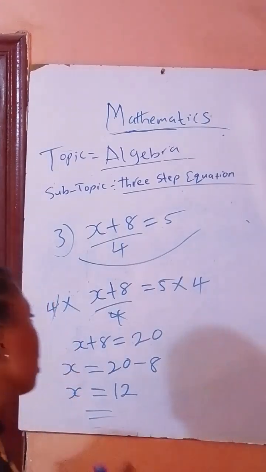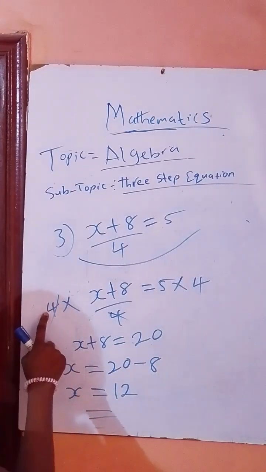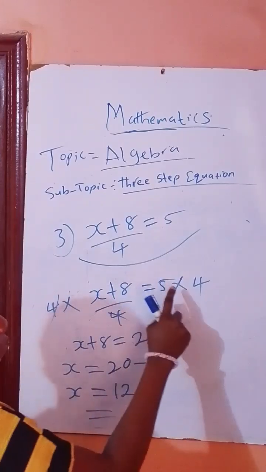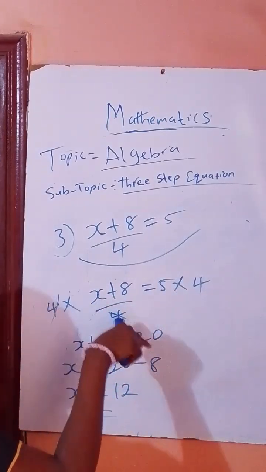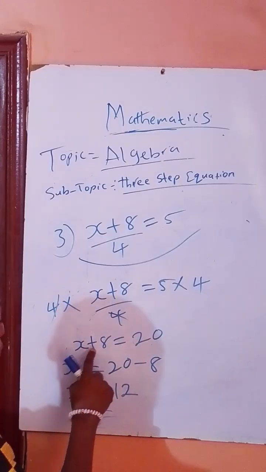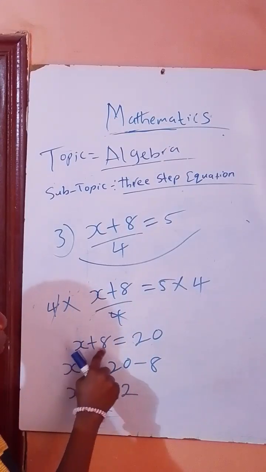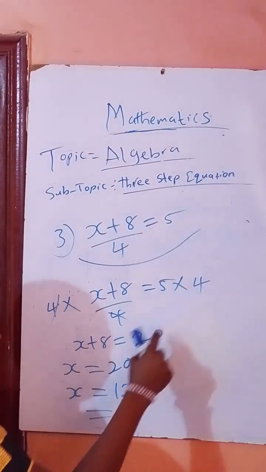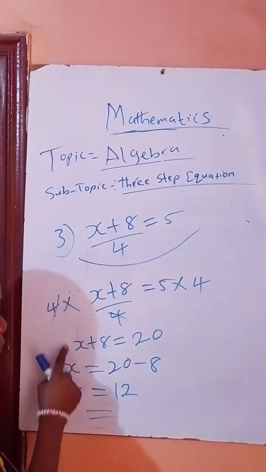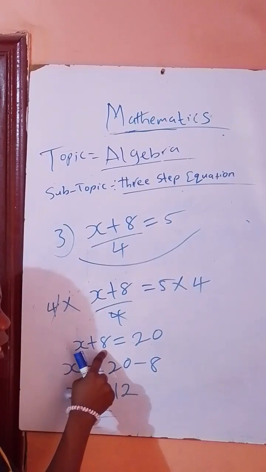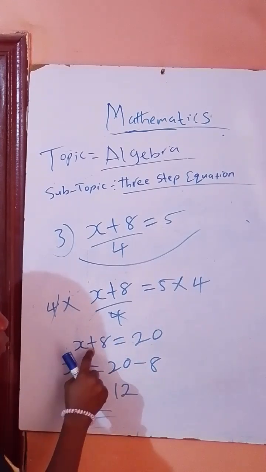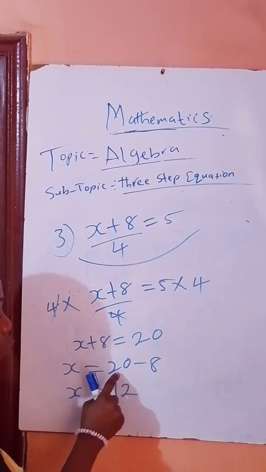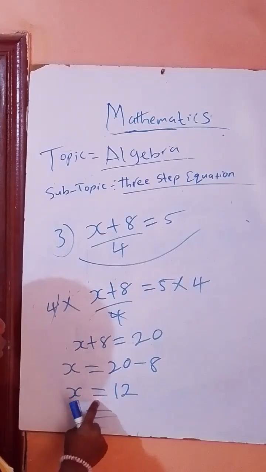I added 4 here, 4 here. Then this 4 cancels itself. We are left with x plus 8 equals 5 times 4, which gives us 20. X equals, this 8 has a plus. When it crosses this equal sign to meet 20, it's going to change from plus to minus. We have 20 minus 8. X equals 12.